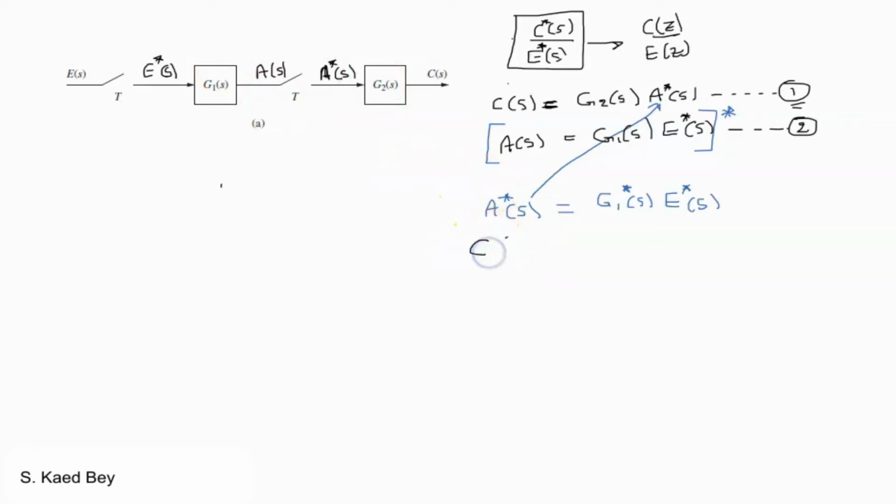We end up with C of S equals G2 of S multiplied by G1 star multiplied by the E star of S.